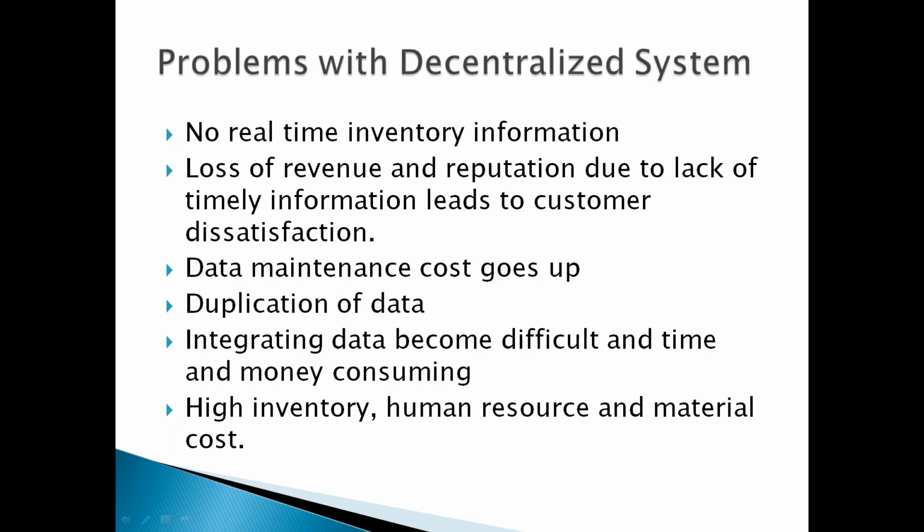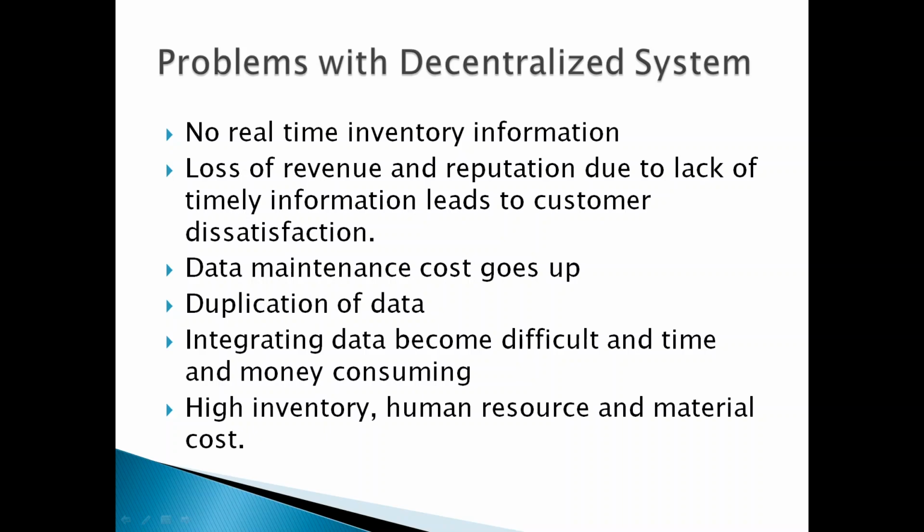Lack of timely information leads to customer dissatisfaction and loss of revenue and reputation. And high inventory, material and human resource cost. These are some major drawbacks for which we need a solution.